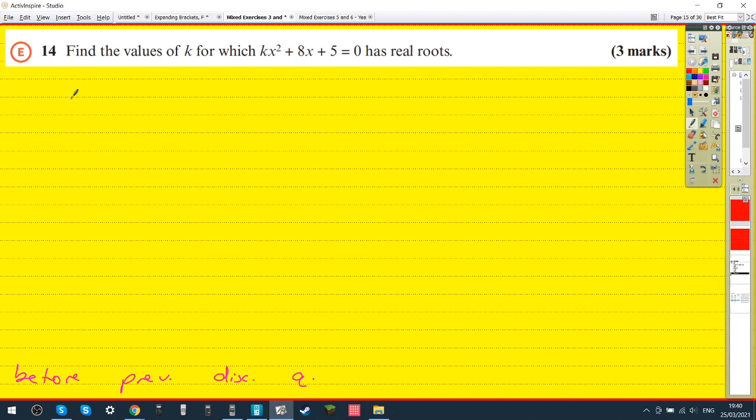So for this, do you want to make kx squared the subject? Nope. Real roots, you said the important bit. That means it's got two solutions. When do you see that? We saw something to do with quadratics earlier. The number of solutions, the number of roots.